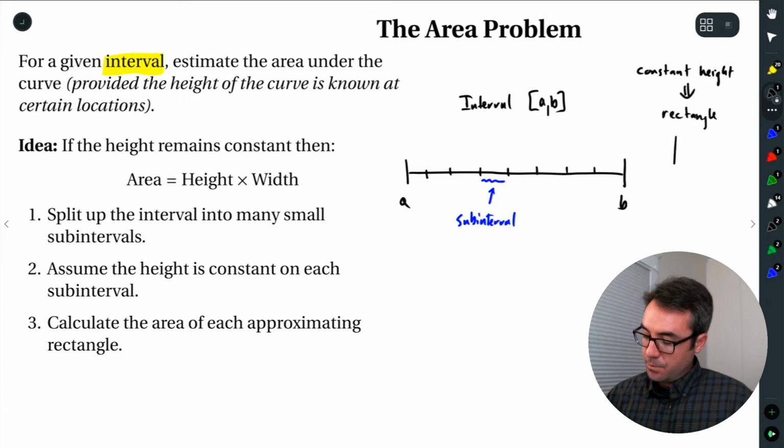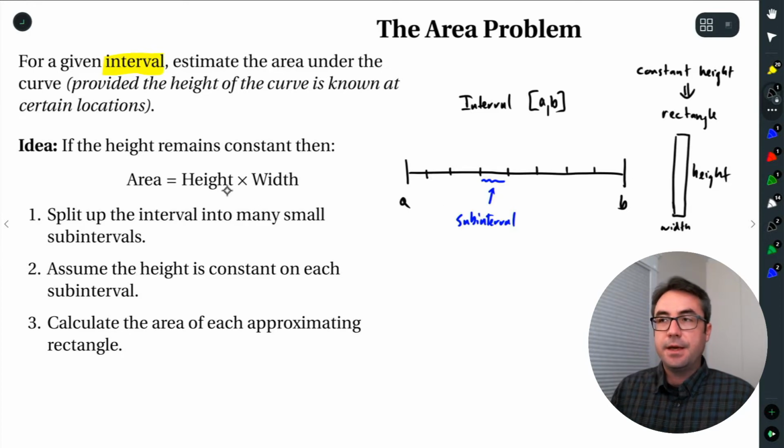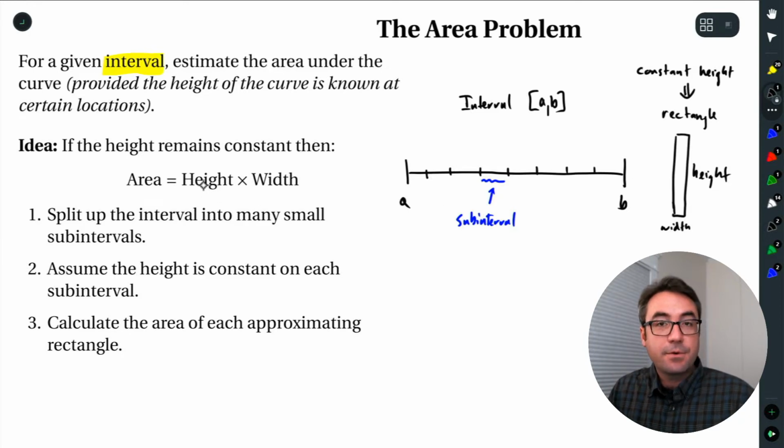And so above each of these smaller subintervals is going to sit a little rectangle. And we can figure out the area of a rectangle. So there's the width and there's the height of our little rectangle. And area for a rectangle is just height times width.